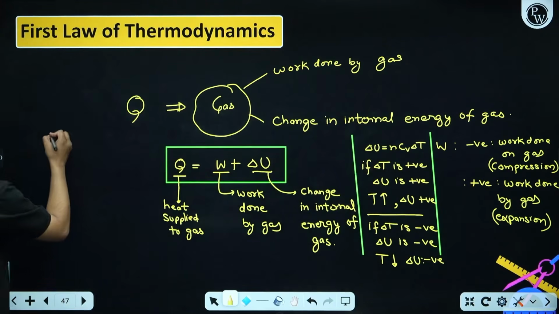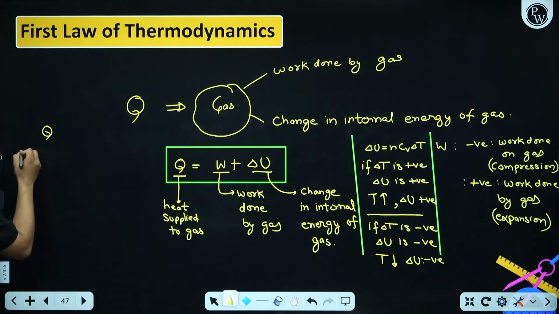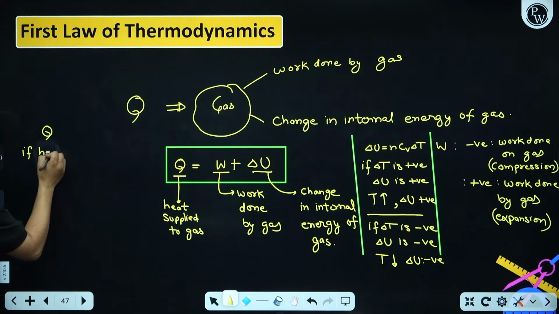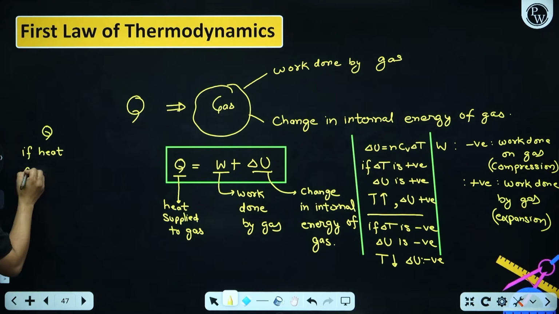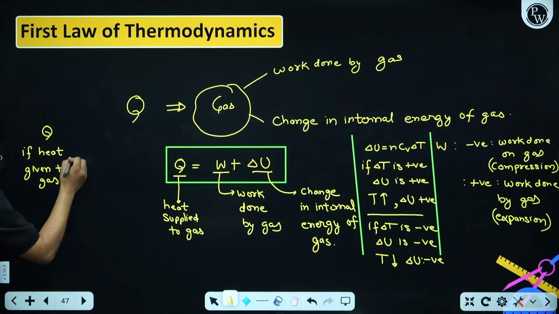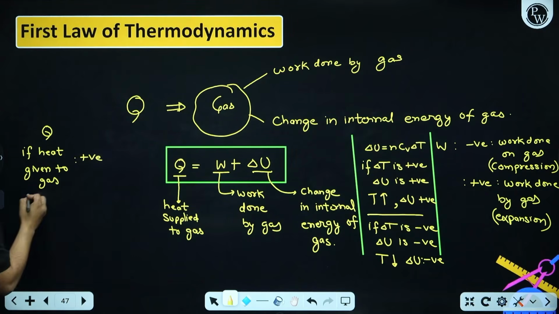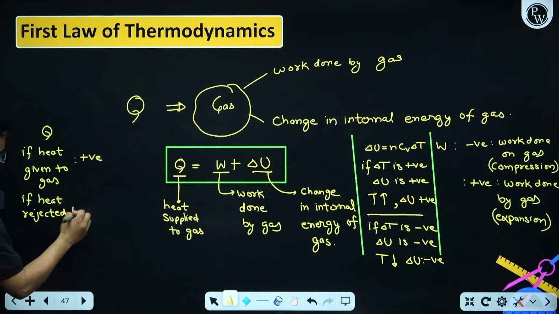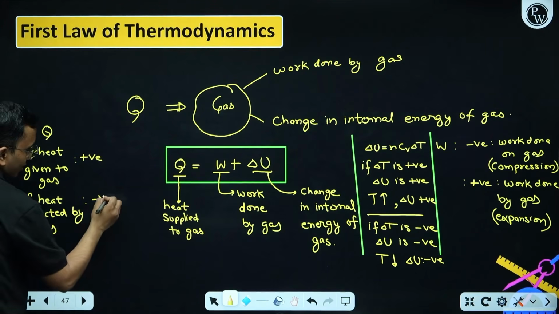Now same for Q. If heat is given to the gas, we consider Q to be positive. If heat is rejected or released by the gas, then this is negative.